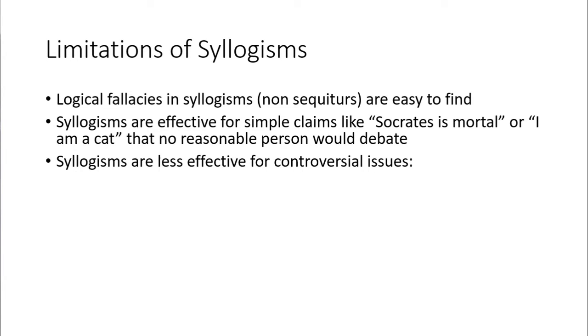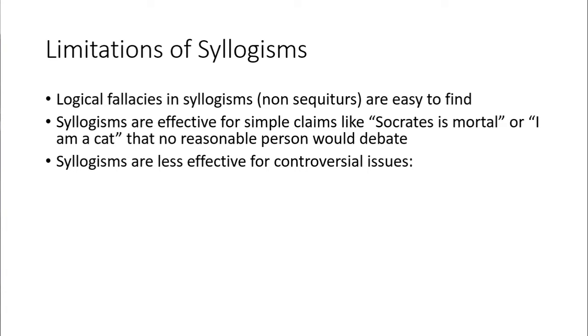There are, however, some limitations to syllogisms. So, logical fallacies in syllogisms, if you remember these are called non sequiturs, are fairly easy to find, and you can work through them in a pretty simple way just by drawing a diagram of whatever assertions the syllogism makes. The issue is that not all of the claims made in syllogisms are as easy to evaluate as ones like Socrates is mortal or I am a cat.